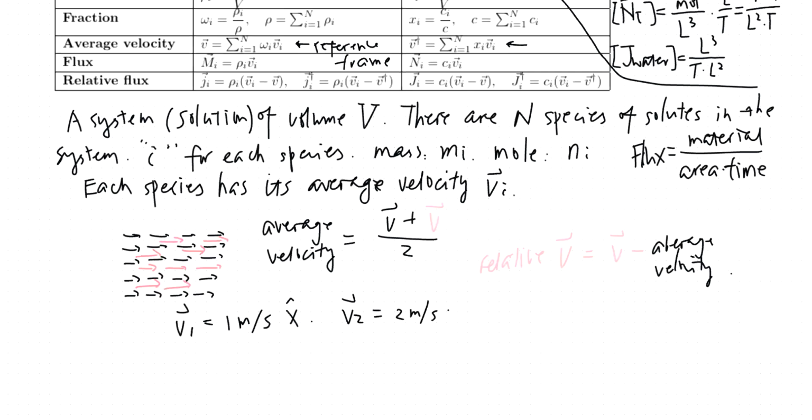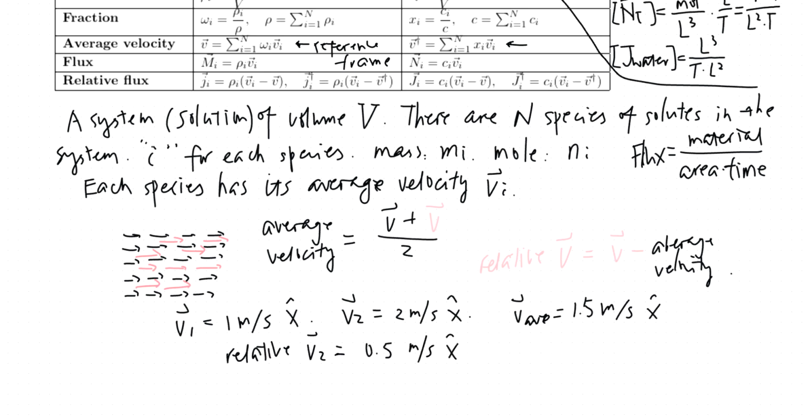So we know that the average velocity is 1.5 meters per second along the x direction. Then the relative velocity of V2 would be V2 minus the average, which is 2 minus 1.5, or 0.5 meters per second along the x direction.